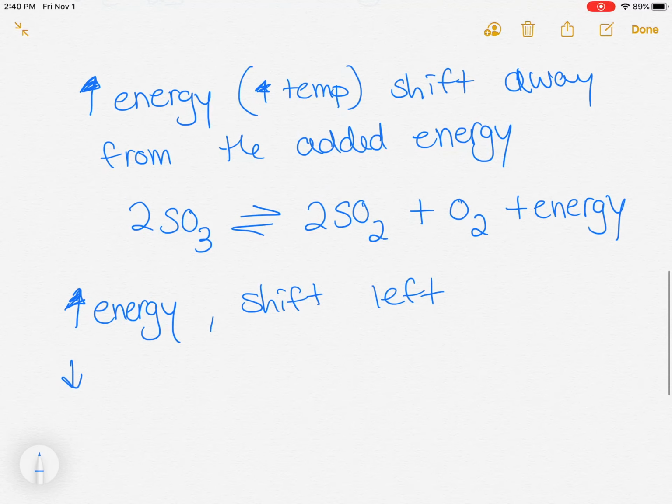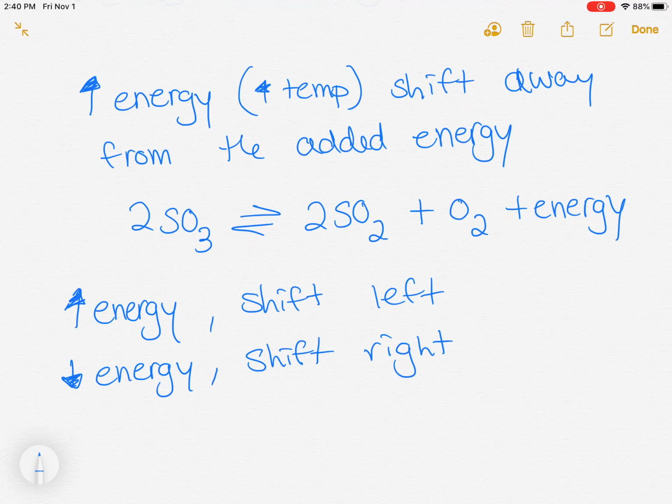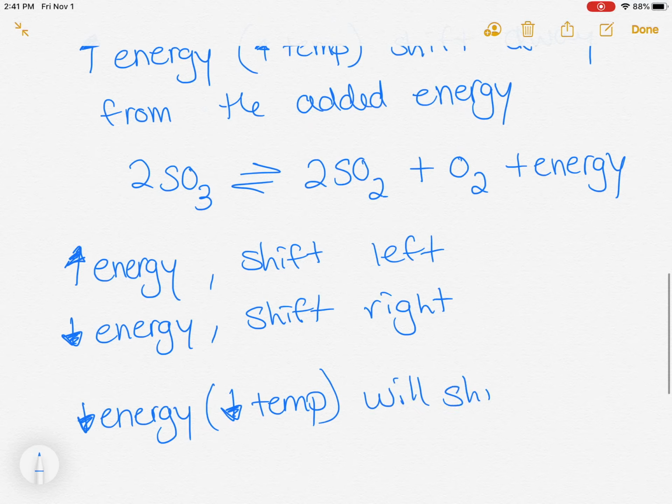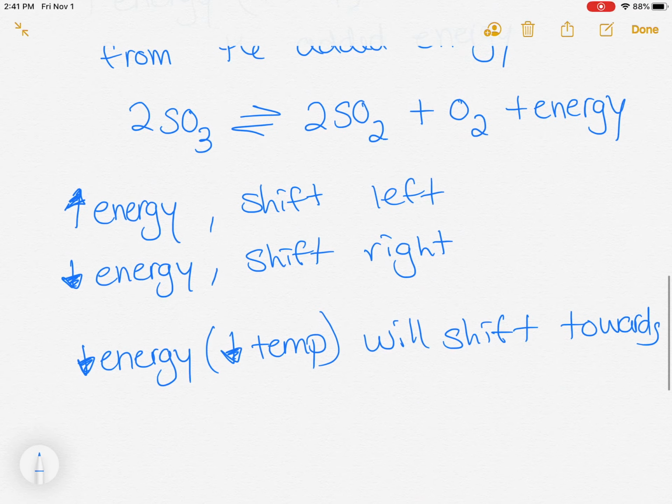In this reaction, if we decreased the energy, we actually will shift right. We'll shift back towards what we took. So when we decrease energy, which means a decrease in temperature, then we will shift towards where the energy was taken.